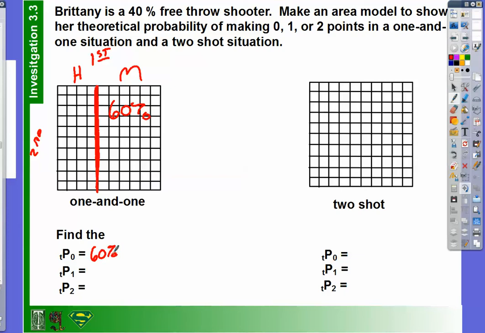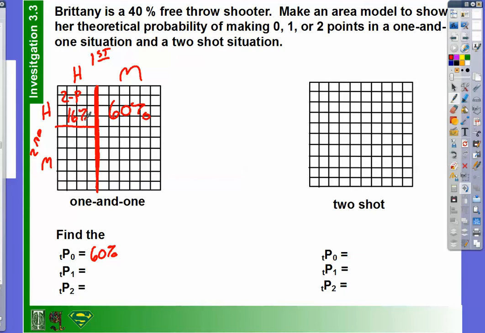And then if I look over here, I got to take a second shot. And what are my odds of making my second shot? 4 out of 10. Misses 6 out of 10. So this is where I get 2 points because I hit and I hit. And that is 16% of the time.